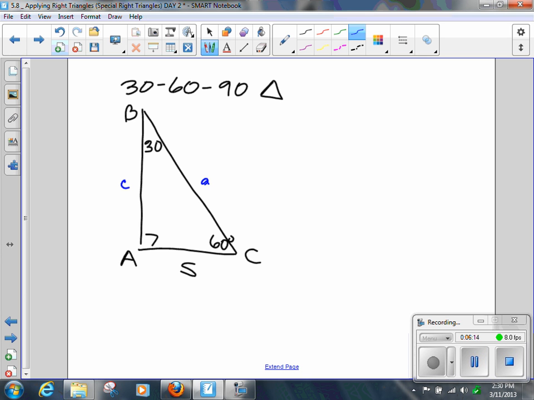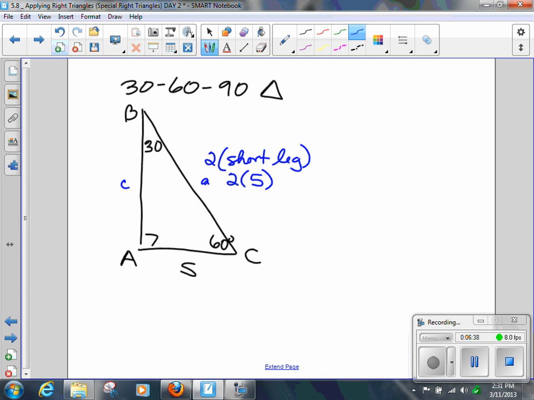The easiest one to find, if you're given the short leg, is the hypotenuse, because it's going to be 2 times the short leg. Well, what is the short leg, y'all? What's the length of the short side? 5. Okay?